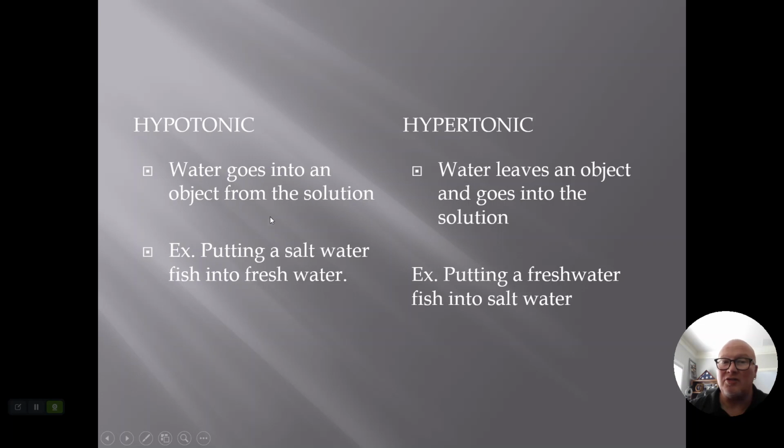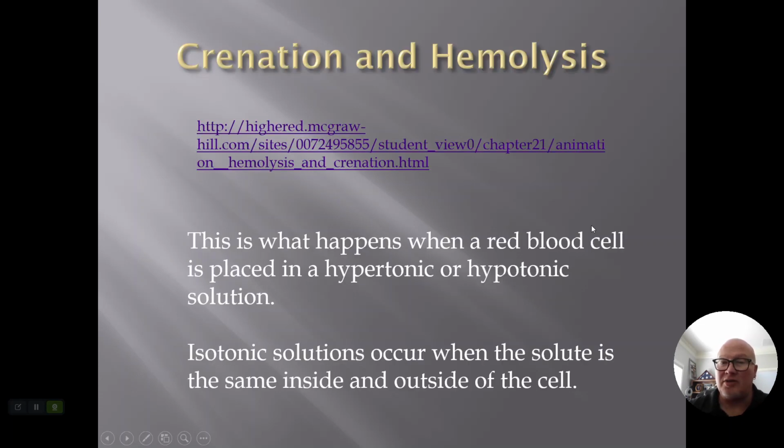Hypotonic, water goes into the cell from the solution. Okay, this is what if I put saltwater fish into fresh water, then I've got more solutes inside the fish than in the water, and it's going to cause all of the cells of the fish to kind of expand. If I put a freshwater fish into salt water, however, it's going to lose water and it will desiccate. It will actually dry up. And so water will leave the object and go into the solution.